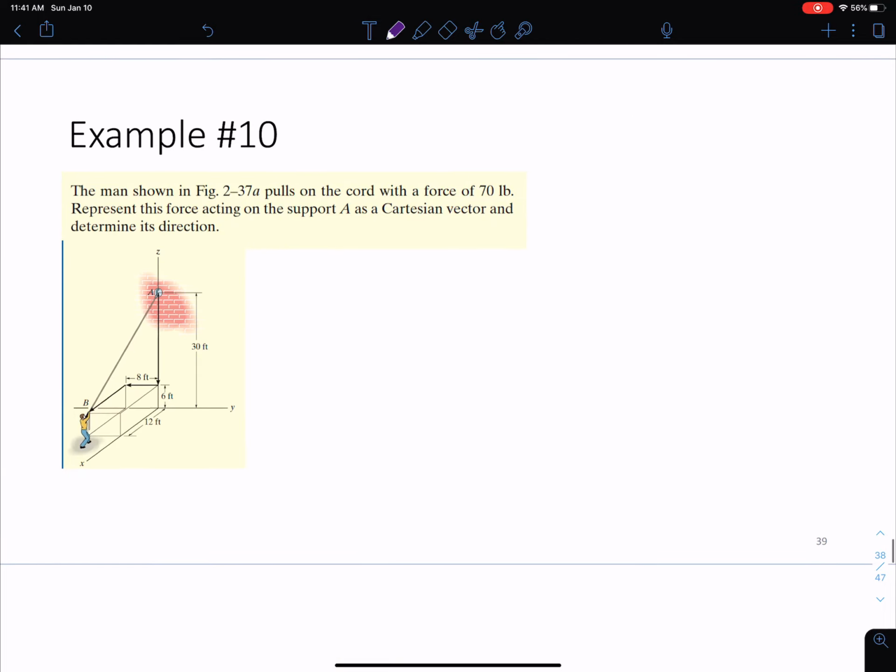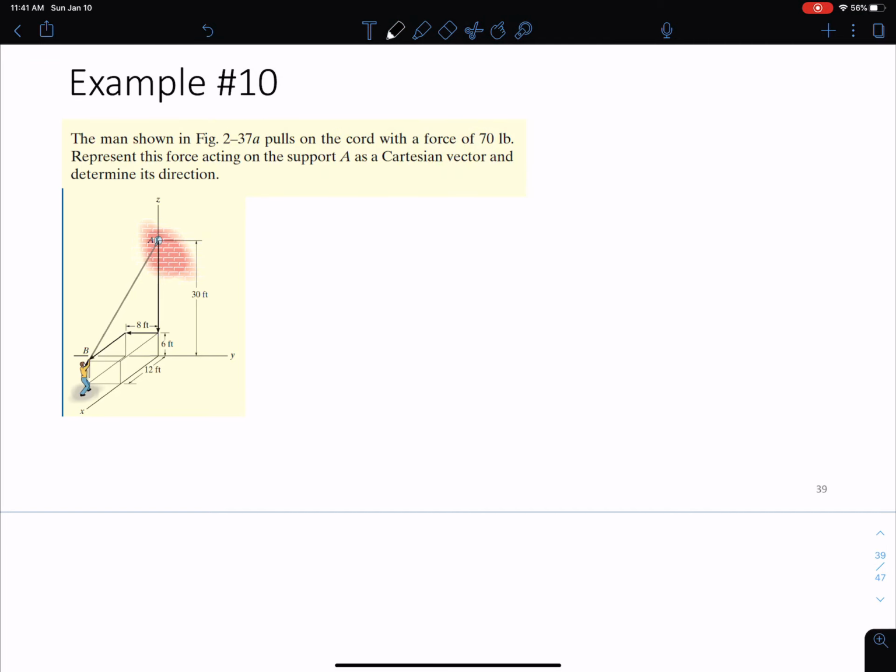So I'm going to show you now how we can use the position vector to help us solve for problems with forces involved. Okay, so we have a man here pulling on a cord with a force of 70 pounds. So this man in the yellow is pulling down on this cord with a force of 70 pounds.